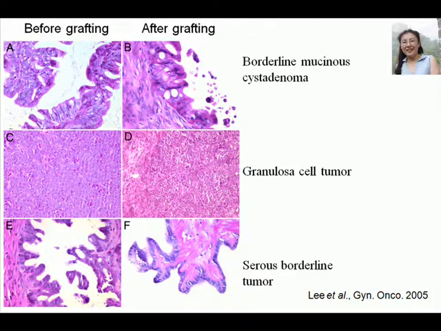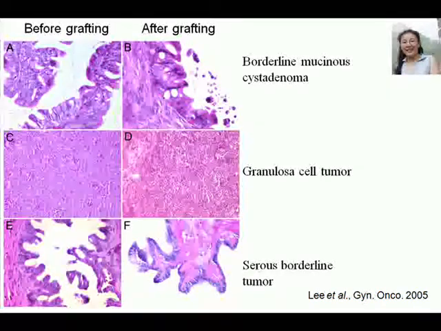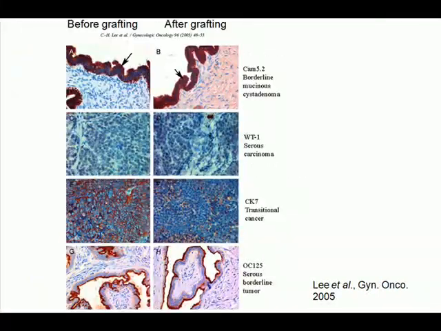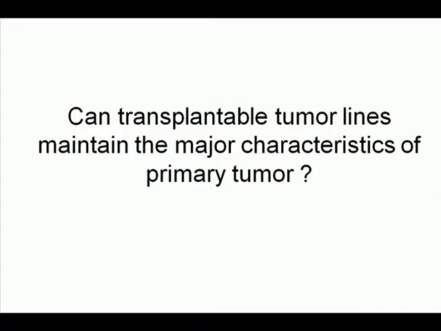The same methodology we used for ovarian cancer, and before grafting and after grafting, again we proved that it's pretty good. We also used tissue microarray with multiple markers mainly used by ovarian cancer groups. And we found that the similarity is extremely high. And then we published that paper.